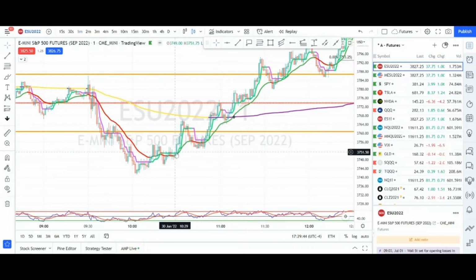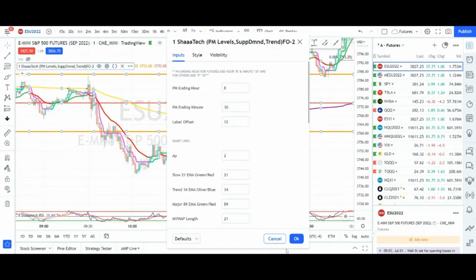Even if you go inside the trade here at 3751 and get out from here, below the pre-market low, let me see what it is, yeah, 830. So for the futures, ES, Nasdaq, others, you need to put 830. For stocks and SPY and everything else, you need to put 930 here.